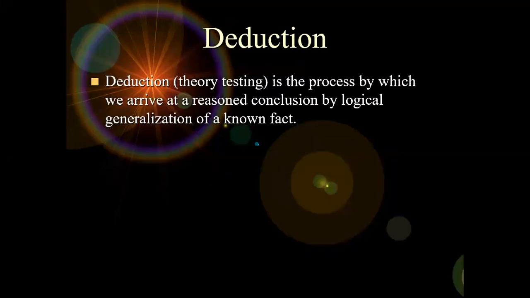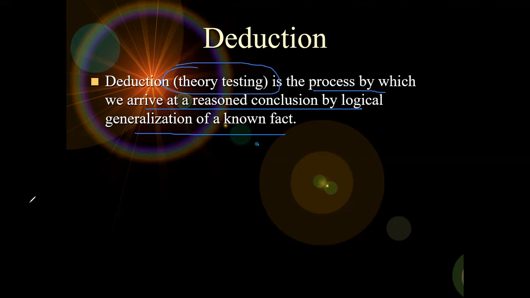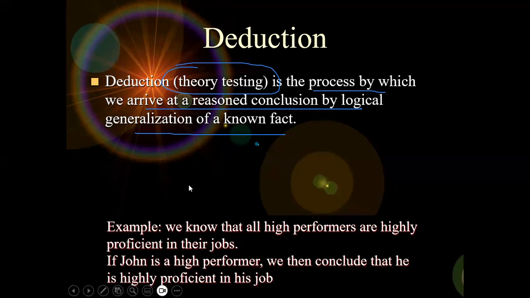So first of all, let's discuss what is deduction. Remember, deduction is basically a process in which we arrive at a reasoned conclusion by logical generalization of a known fact. So in one term, you can say we are going to do a theory testing process.